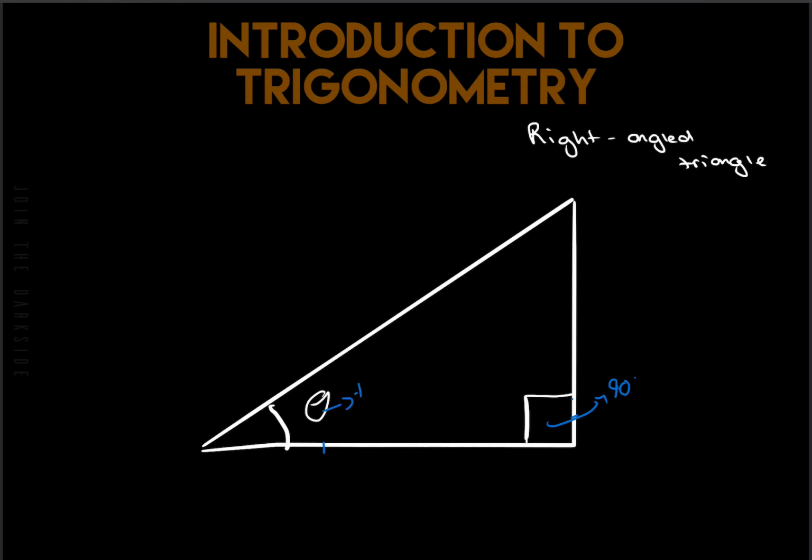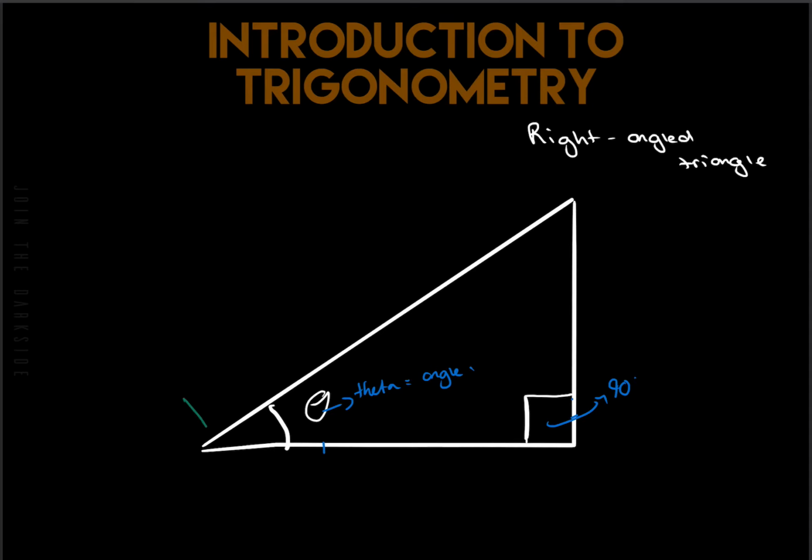So theta is equal to angle. So let's first label our right angle triangle and see how we can use this triangle from trigonometry.